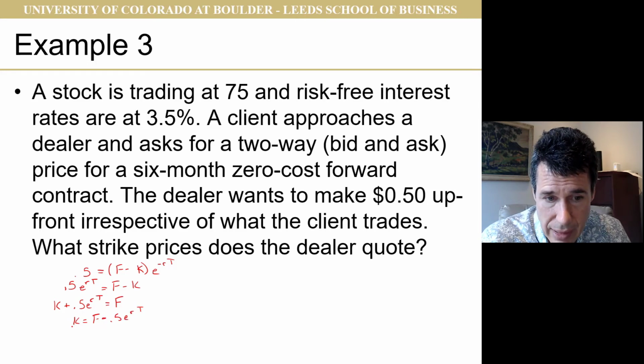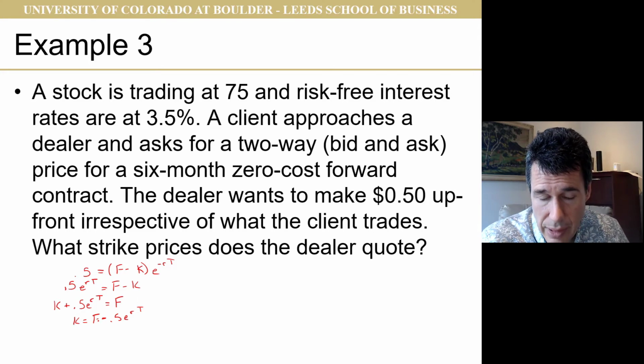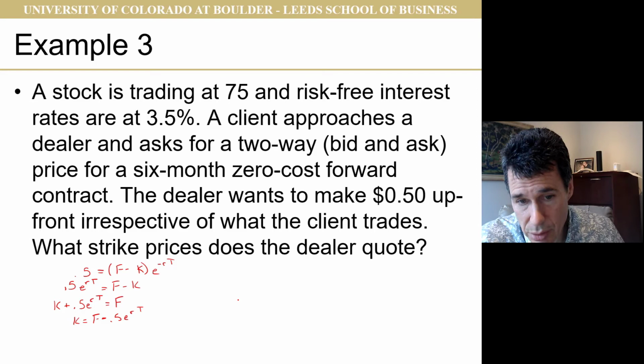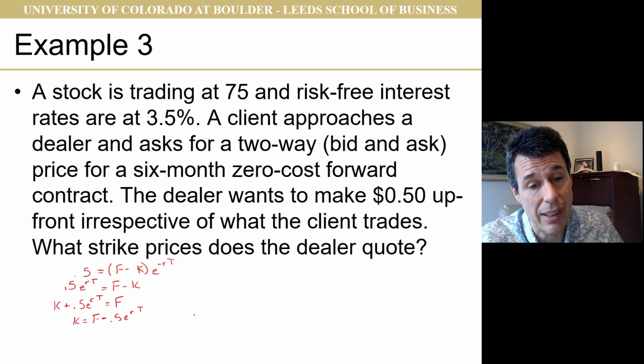So we have the strike equals the forward price, the fair one, minus the 50 cents profit grown to the maturity of the contract. Okay, that's if the client wants to go short.